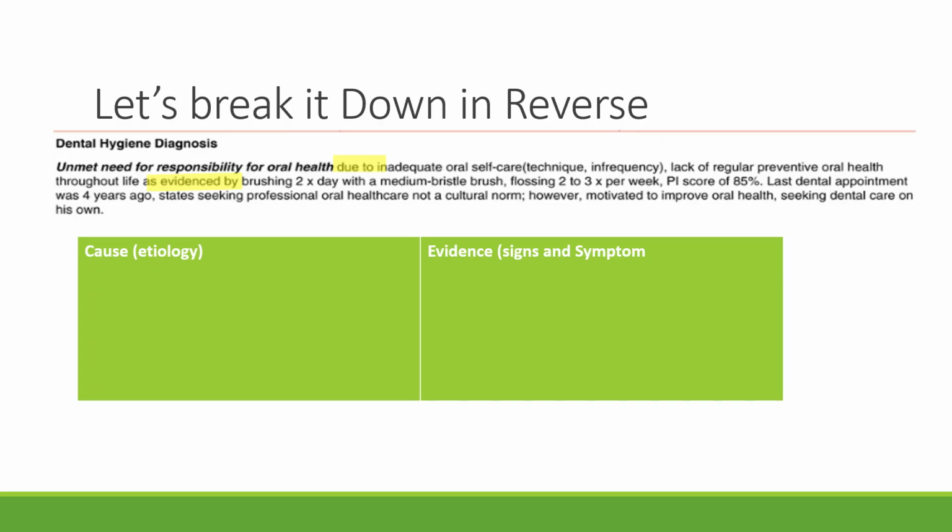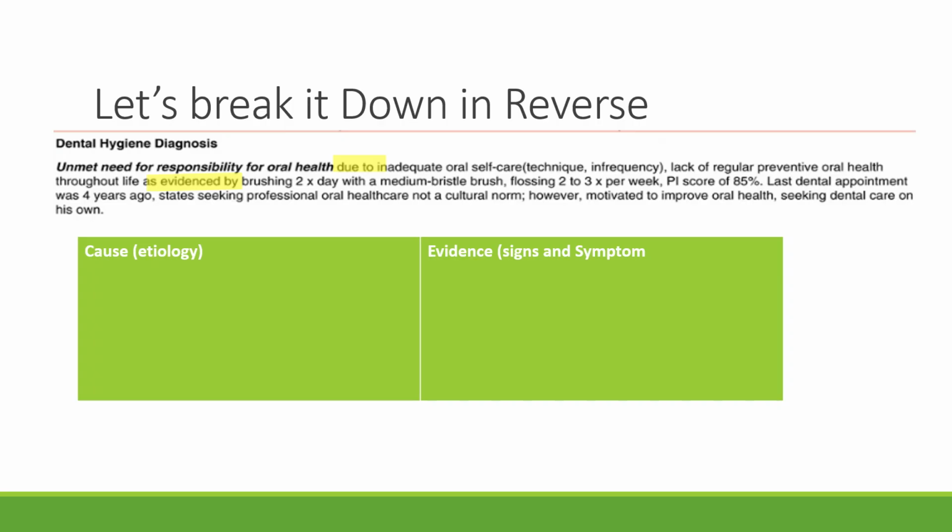We know this because they're brushing twice a day. The client has verbalized that they're brushing twice a day with a medium bristle brush, that they're only flossing 2 to 3 times a week, that they have a PI score of 85%, that the client has told you that their last dental appointment was 4 years ago, that it wasn't a cultural norm for them to see a dentist, but they're motivated to improve their oral health.